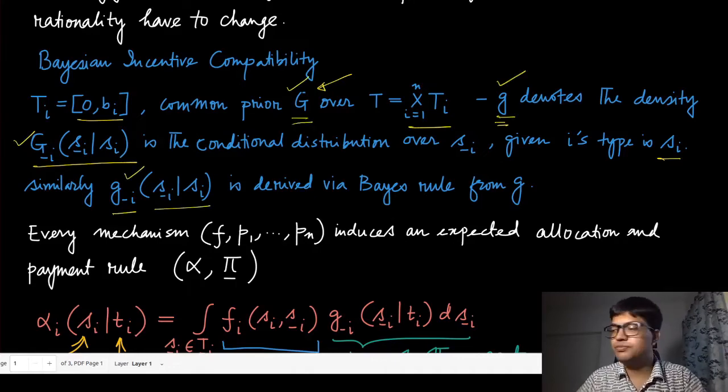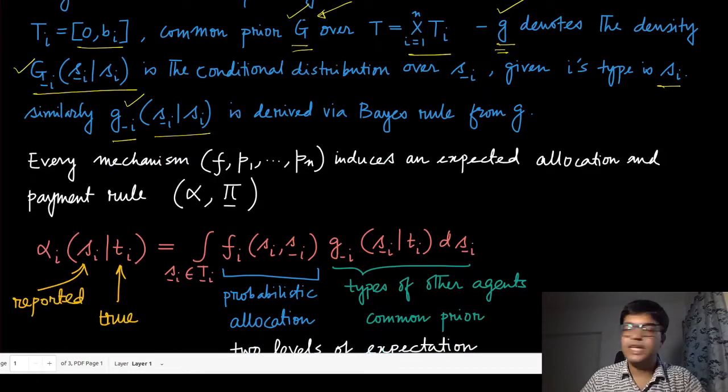Now what we are going to say is that every mechanism, which is again a mapping from the type profile into an allocation, which could be a probabilistic allocation, and the payments, the actual payments that have been made after the realization of the types, induces an expected allocation.